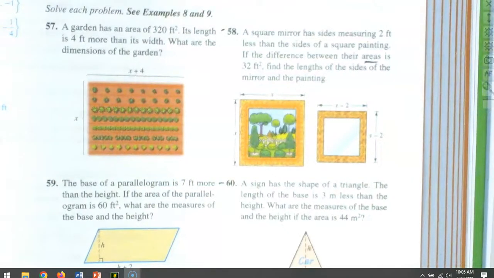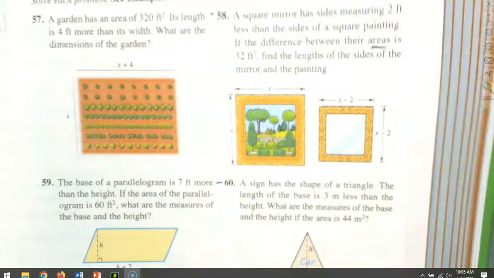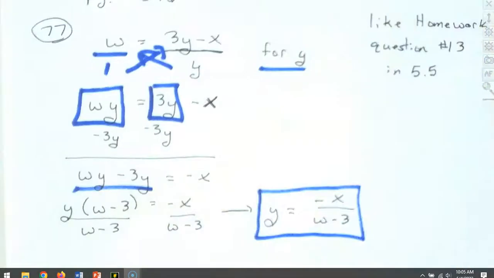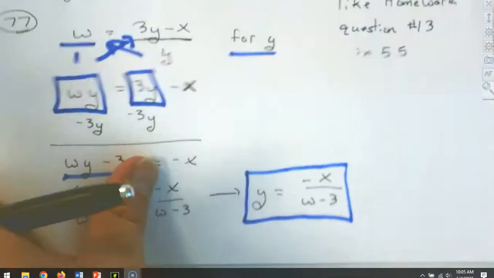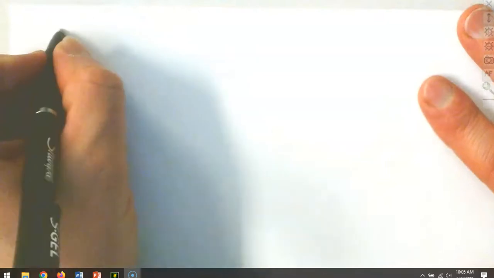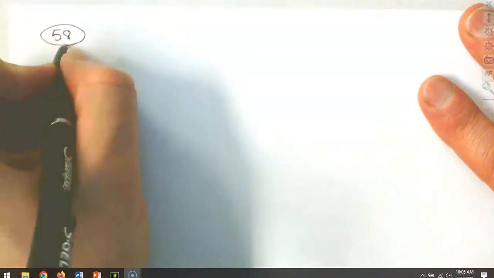Now, we want to find the areas. So we're going to look at each figure, and we're going to find its area. So we want the areas.